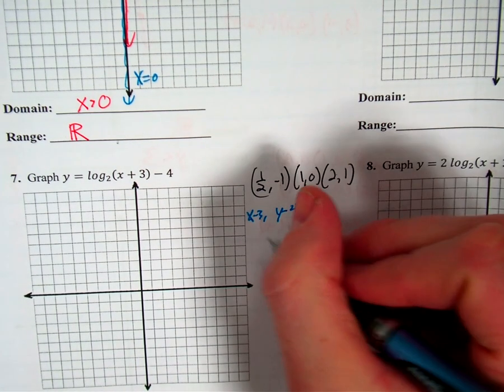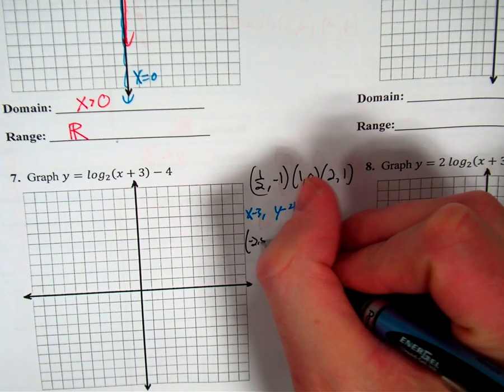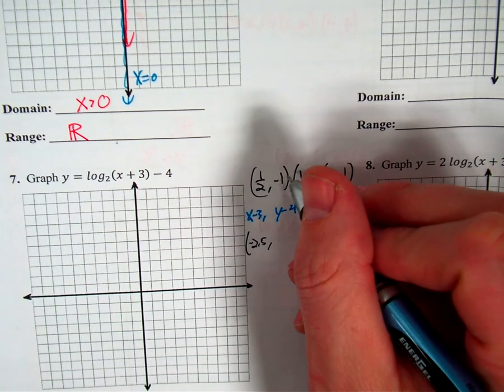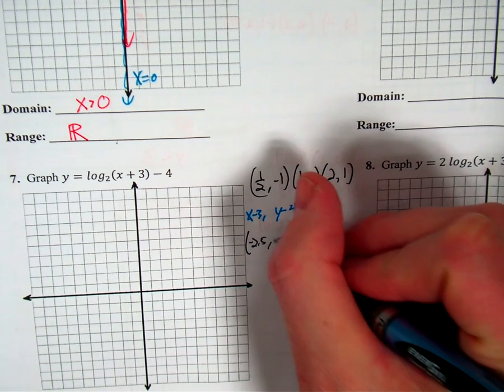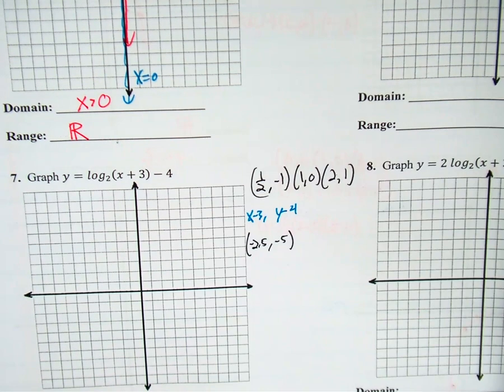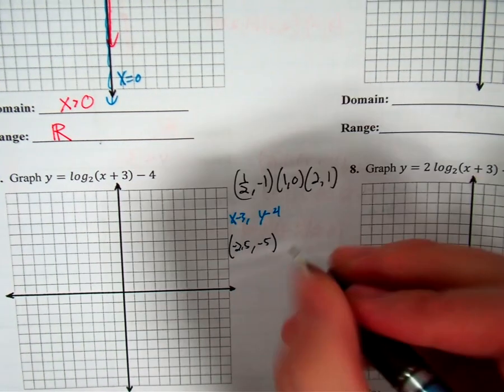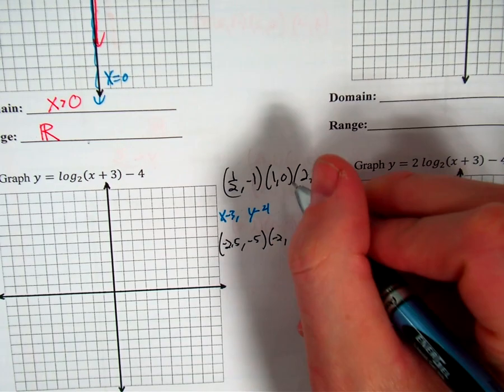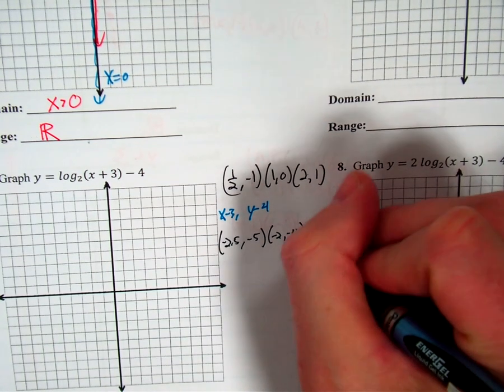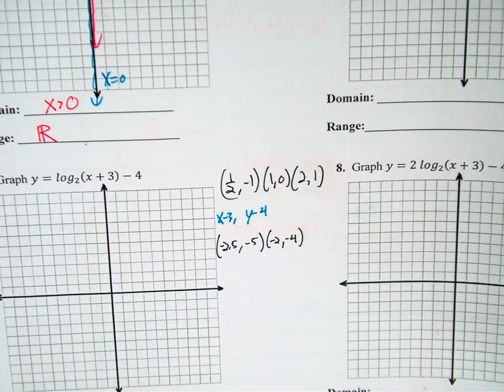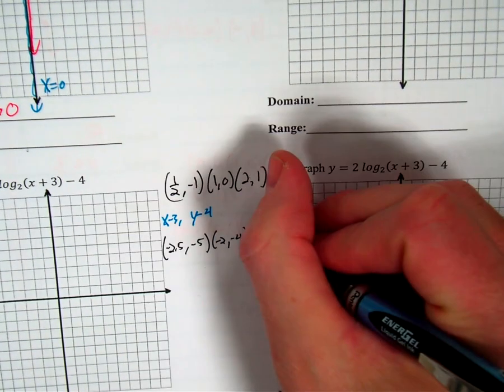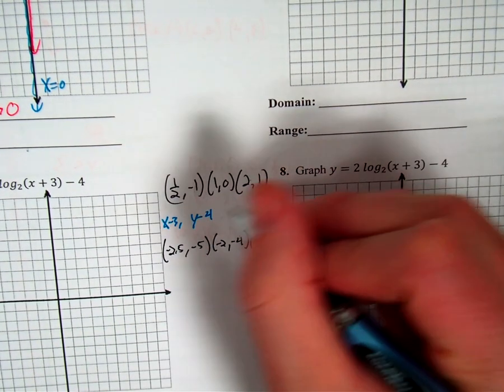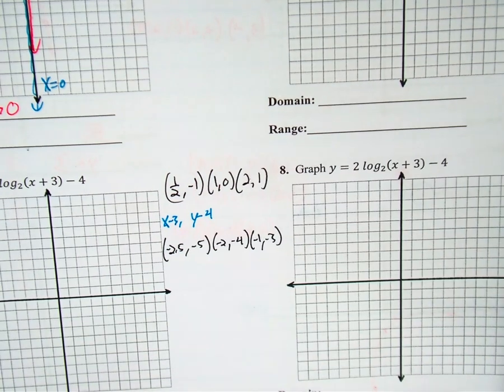So half minus 3, we got negative 2.5, comma, negative 1 minus 4 more is negative 5. 1 minus 3 will have negative 2, 0 minus 4, negative 4. 2 minus 3 is going to be negative 1, and 1 minus 4 is negative 3.